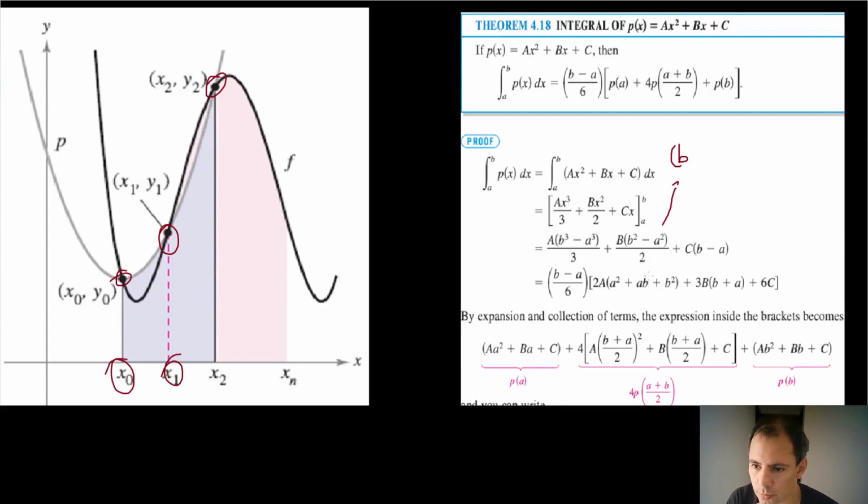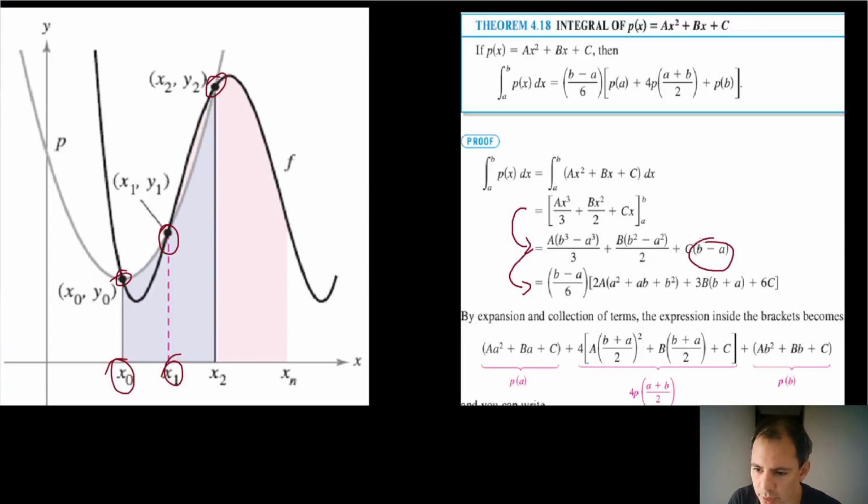So that's where these things are coming from, because the book is not clear. How does it come from this thing to this part here? All you have to do is rearranging. But from this part to this part, how do they come up with this thing, the 2a times a squared plus ab plus b squared? Well, that's how they come up.